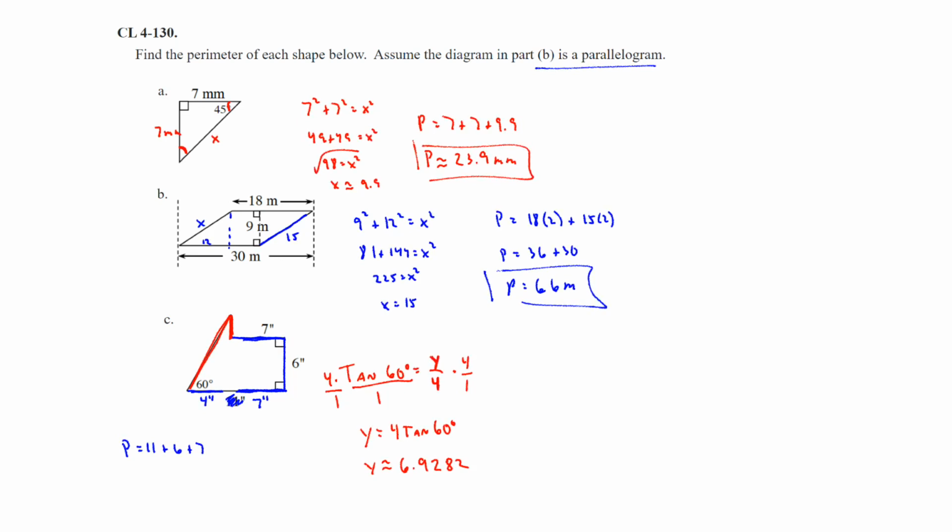But if this is 6 over here, and the whole thing is 6.9282, then this little piece right here that we didn't have, we now know is approximately 6.9282 minus 6, which would be 0.9282.